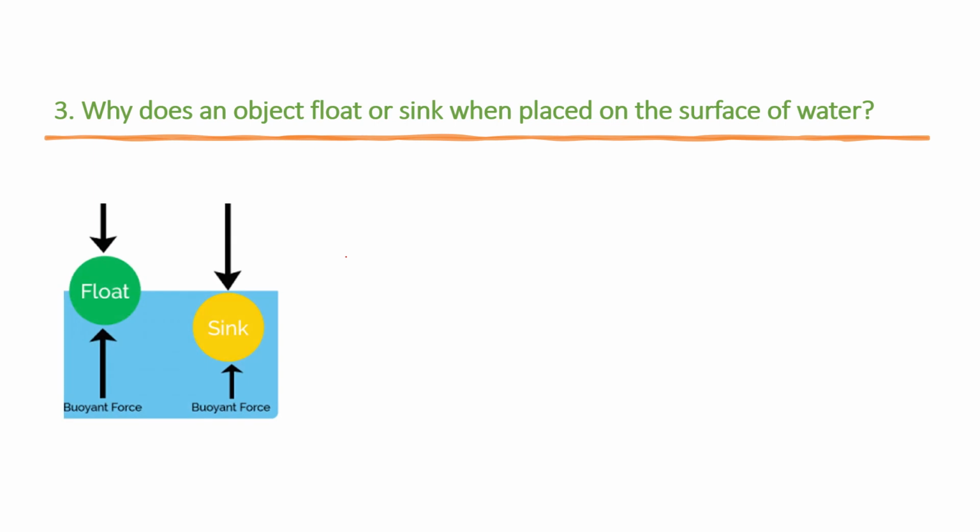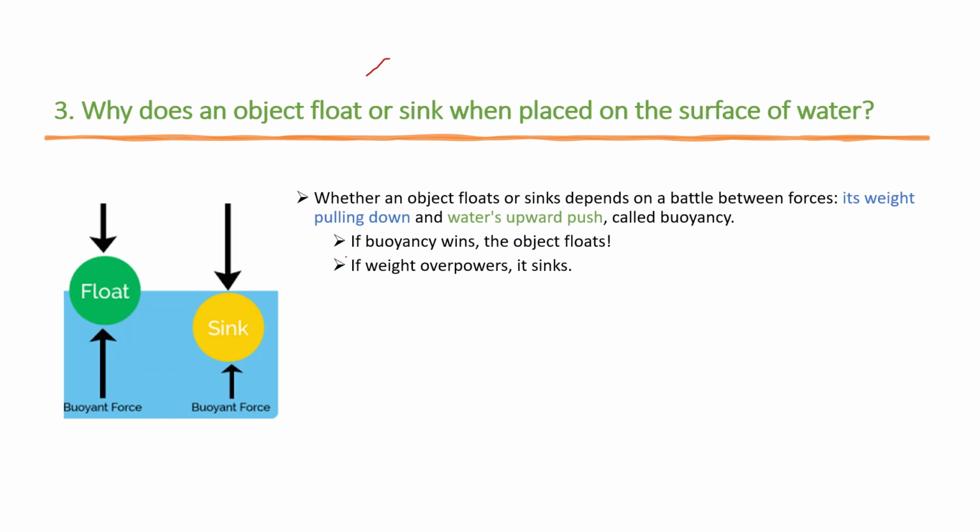We explained this using this diagram, right? So why does an object float or sink? We can explain it a couple of ways. One way: whether an object floats or sinks depends on the battle between two forces, two opposing forces. They're not acting in the same direction. One force is its weight pulling down, coming from Earth's gravity.